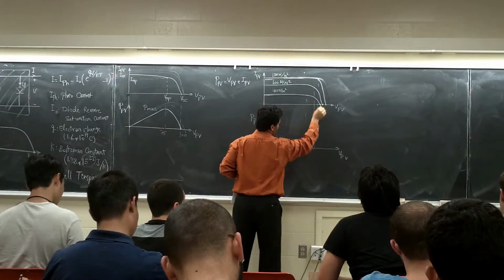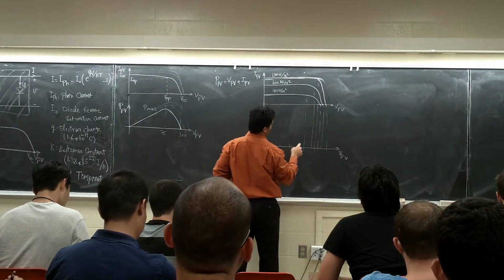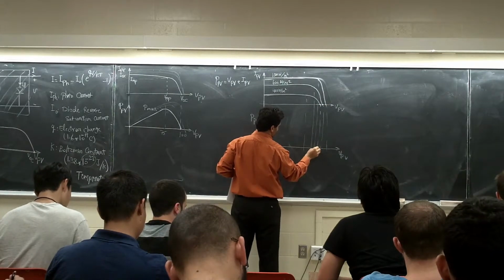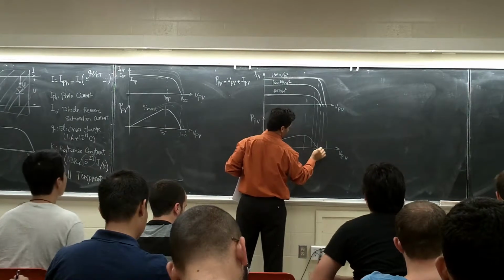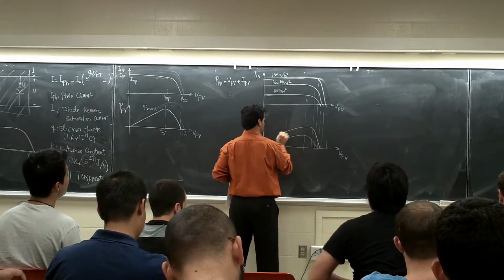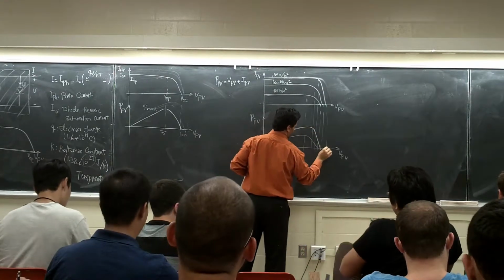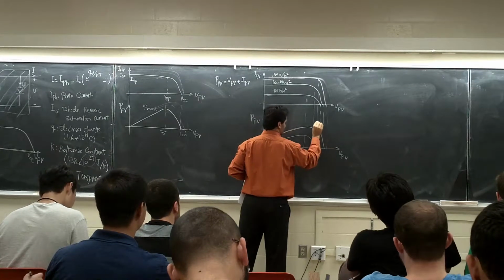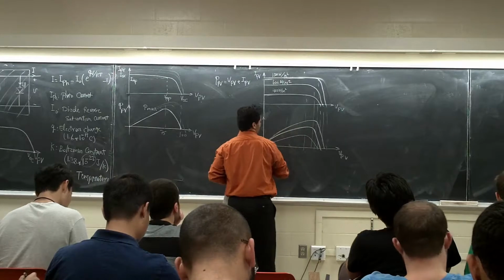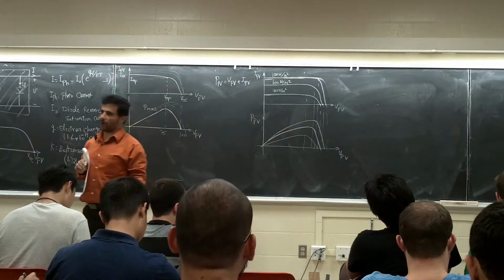This one is going to happen here. This one is going to be for the second one, and the third one is going to be here. See, you're going to have 3 different curves, based on how much irradiance you have.